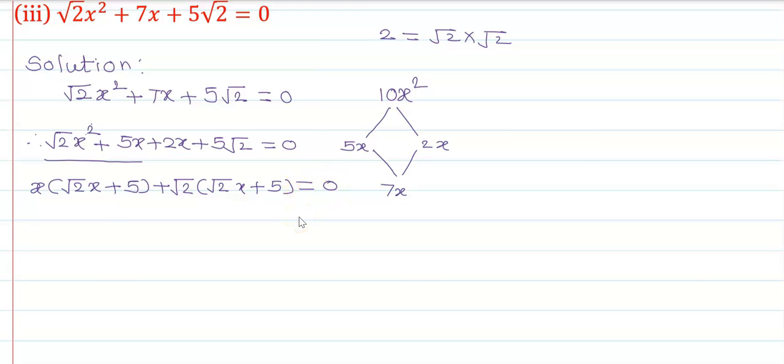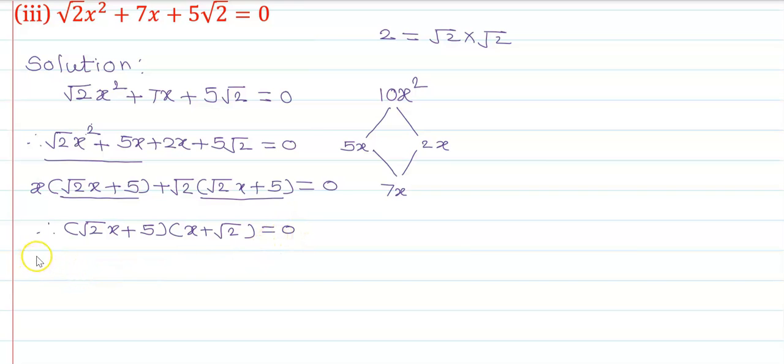Now again, the common term from these two terms is root 2x plus 5. Therefore, this can be written as root 2x plus 5 in the first bracket and x plus root 2 in another bracket.